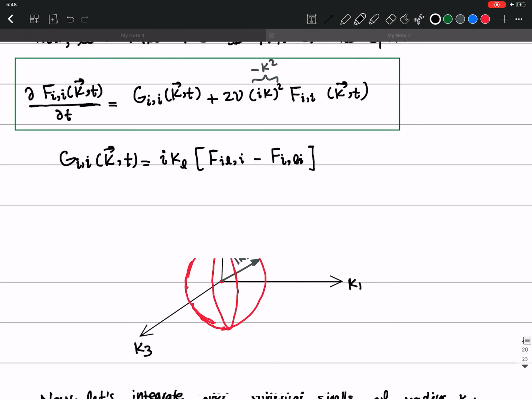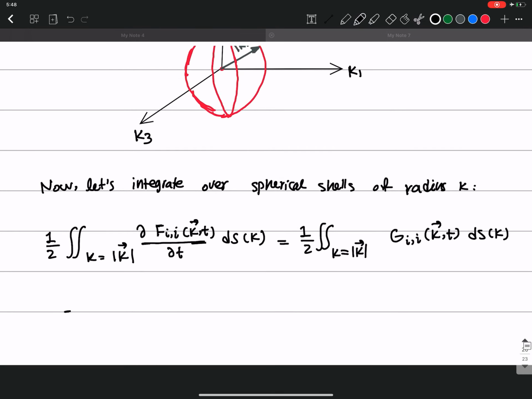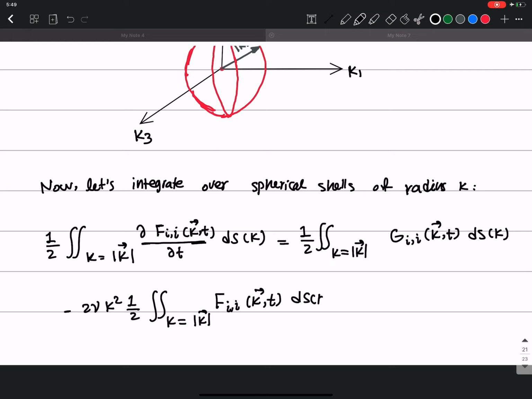The dissipation is minus 2 nu k squared times 1/2 the integral over k of Fii(k,t) dSk.